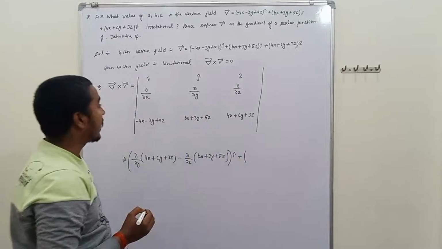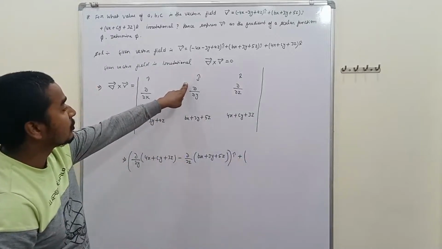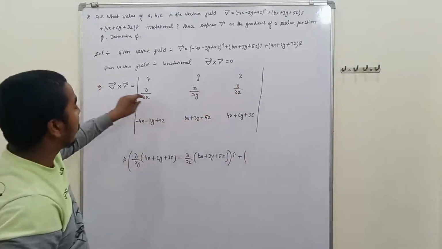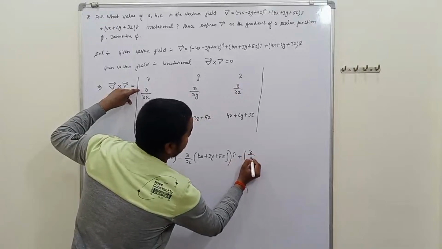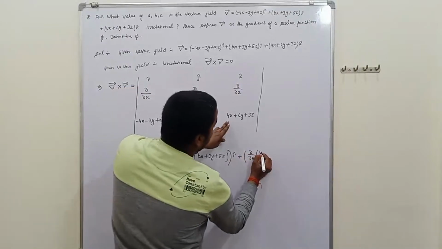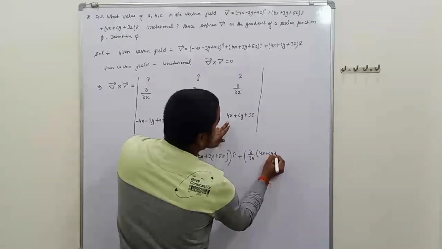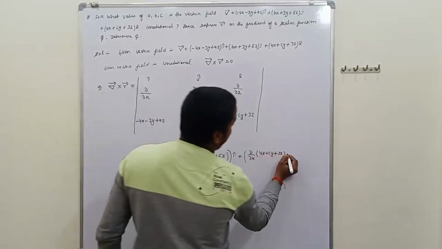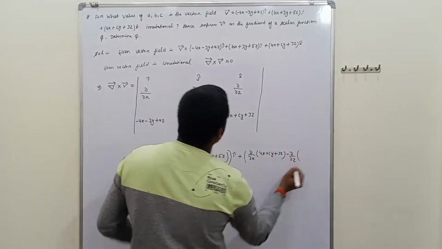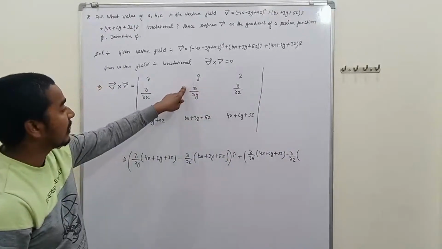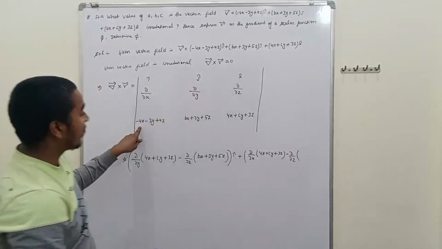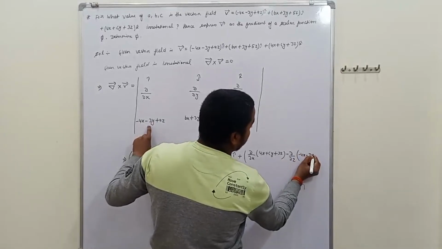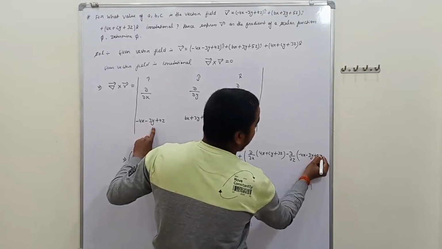When taking j cap, this row is eliminated and the remaining are i and k. So we write del x of 4x plus cy plus 3z, and minus del z of minus 4x minus 3y plus az.